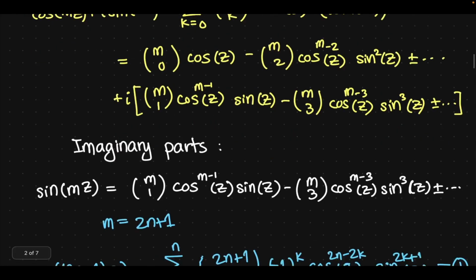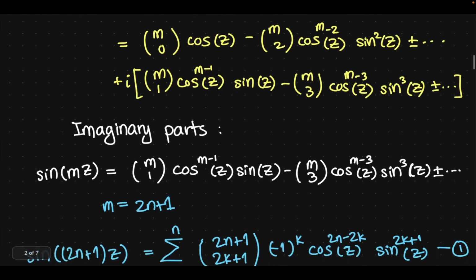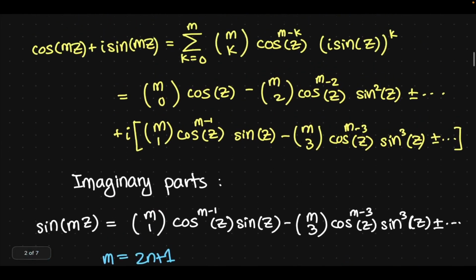So when we move to the imaginary part now, we just look at the sine here because that's the term which contributes to the imaginary part. The cosine does not. And we also then care about the imaginary part of the right hand side, which is just the odd values of k in the sum here.